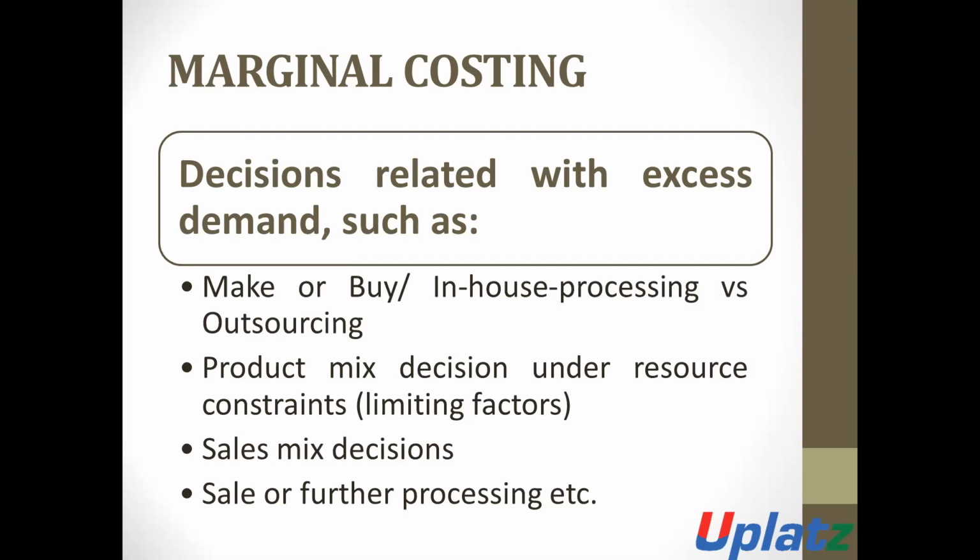Then product mix decisions under resource constraints, sales mix decisions, and sale or further processing decisions. These are all decisions to be taken by the entity when there is excess demand.